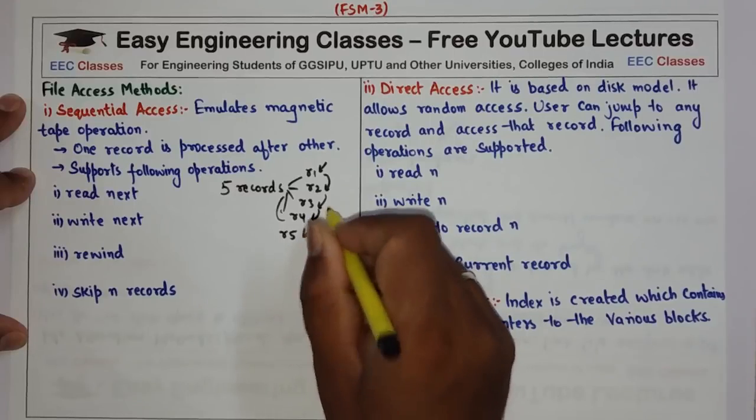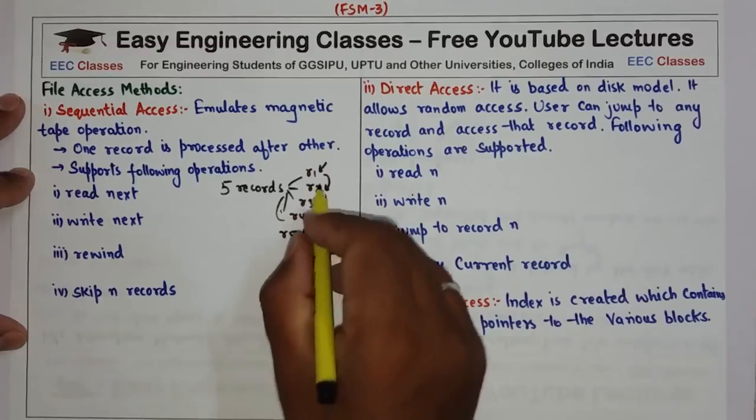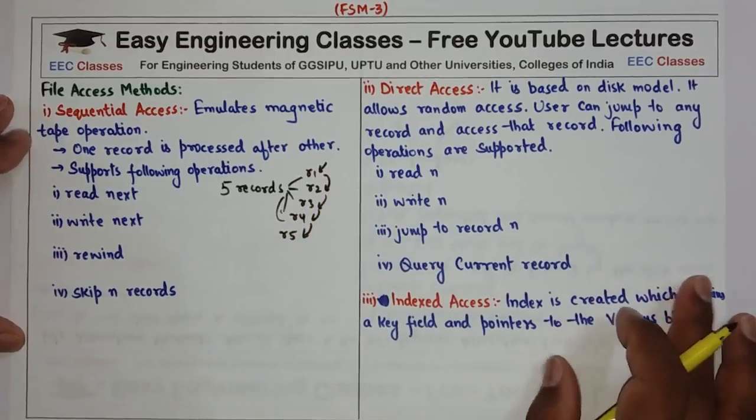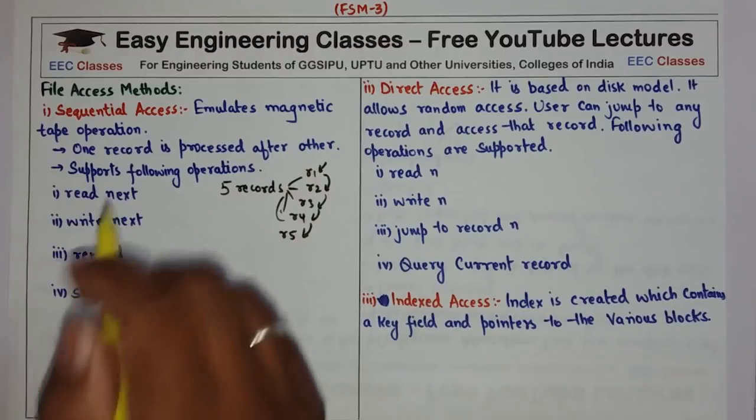You cannot directly access any one of the records like R2, R3, R4, R5. So it emulates a magnetic tape operation.